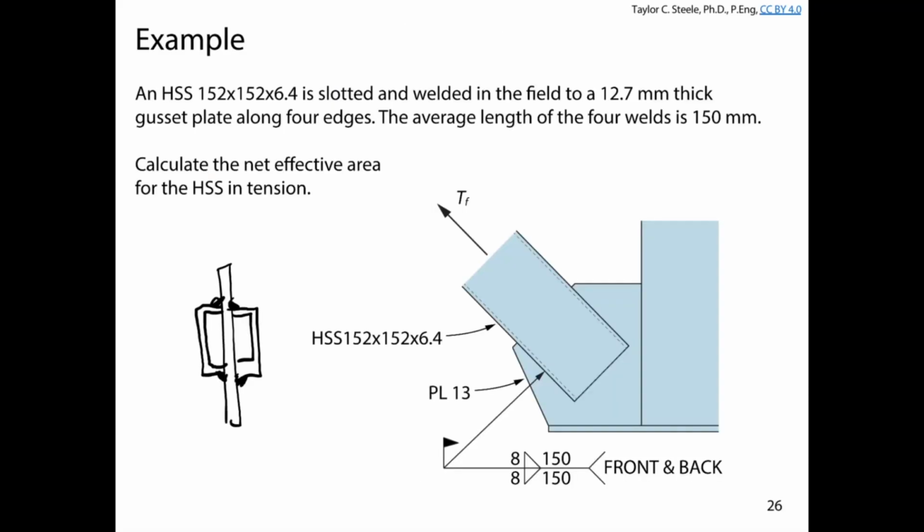From an HSS 152 by 152, the outer walls are 152 millimeters. And you actually have to look up in the table, because it gives us 6.4 here as the wall thickness, but what that actually is is 6.35 millimeters. They just rounded up to the first decimal place when giving the section designation.